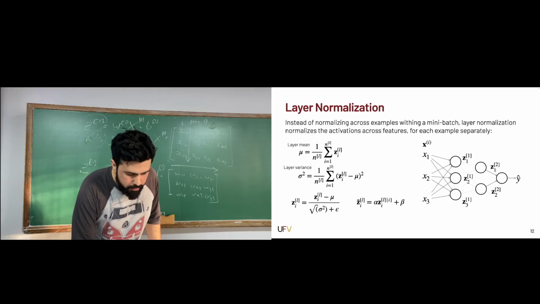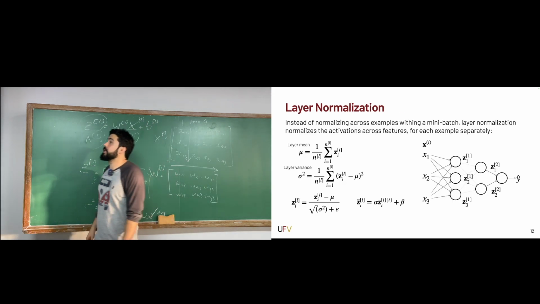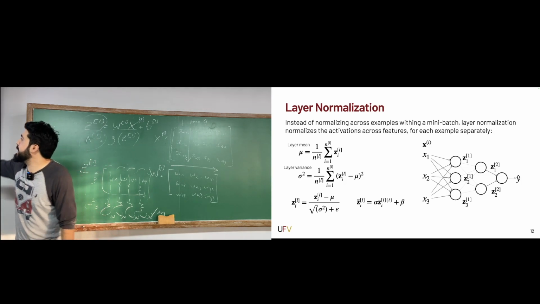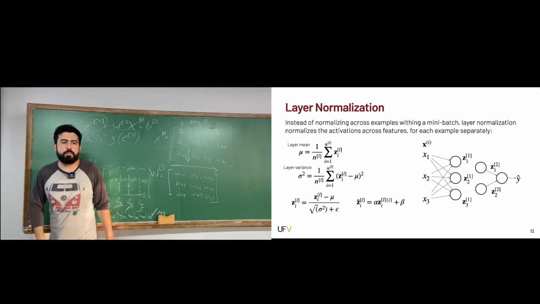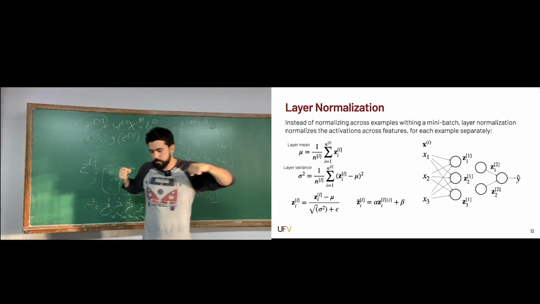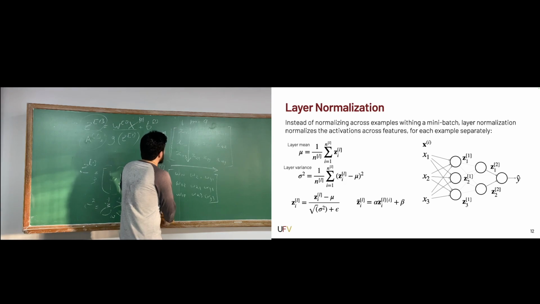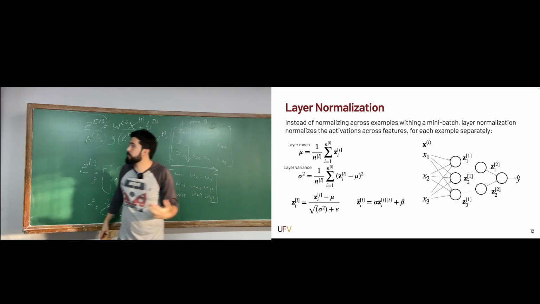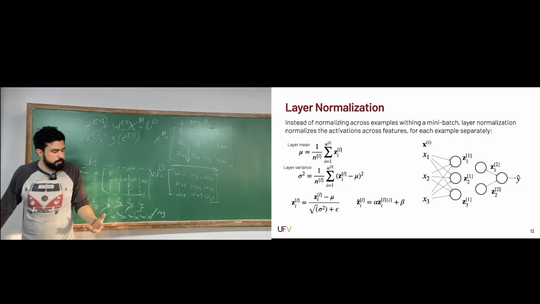And you can do the same thing, but across the layer as opposed to across the examples. Before, our m there was equal to 4 because we had 4 examples.